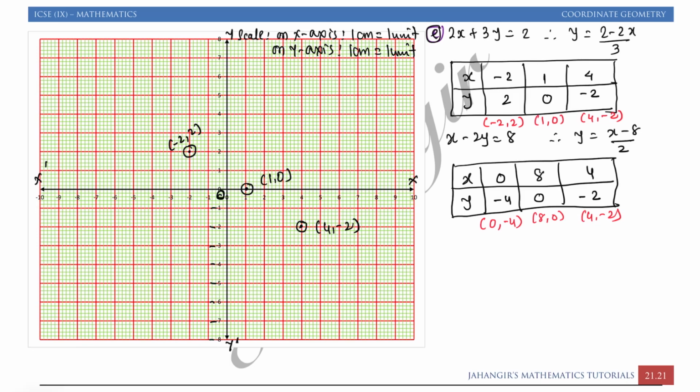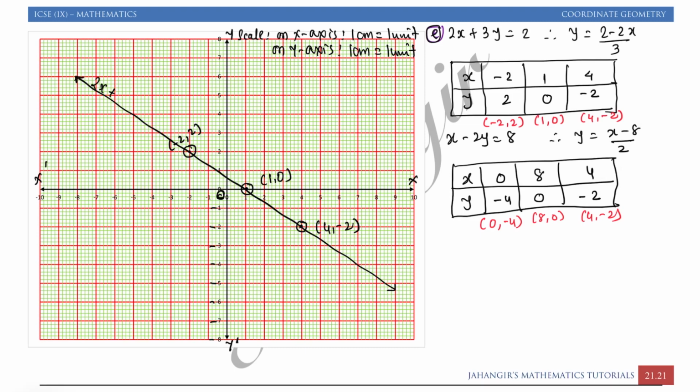We got 3 points. Let us draw a straight line through the 3 points. Make arrows. Write down the equation.